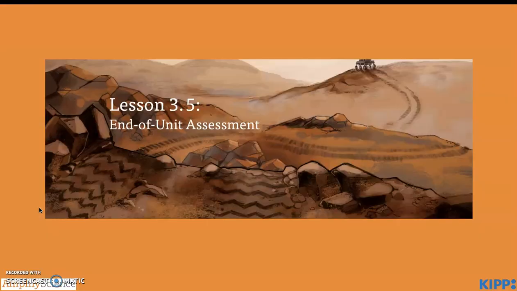Moving to the unit assessment. In the unit assessment, students complete a written response with 4 parts.